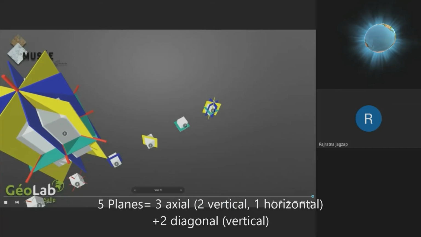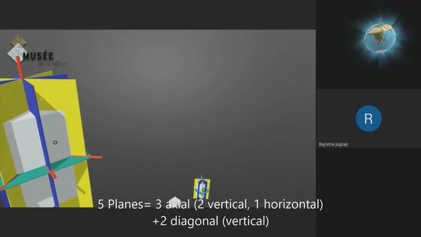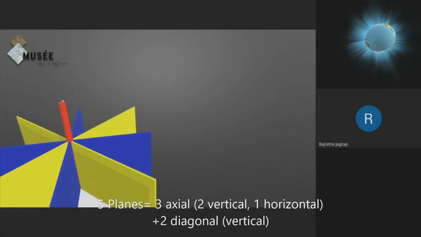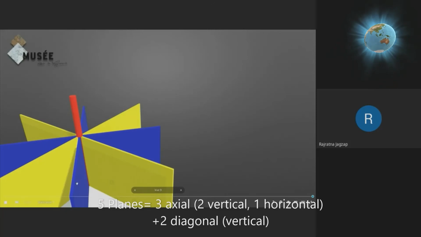These two diagonal. You see here, these front to back, right to left are perpendicular to each other. These two are diagonal, going right to diagonally back side, left to diagonally back side.